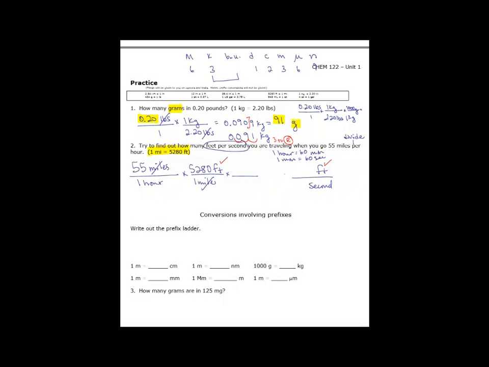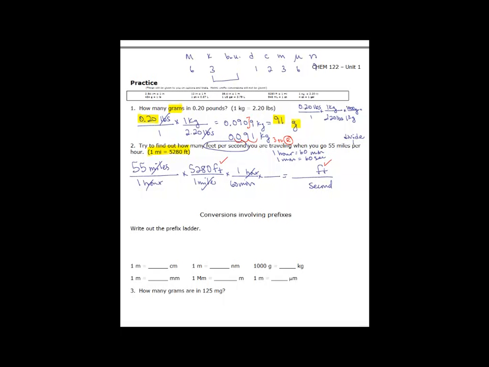So I can use those conversion factors to convert my hours to seconds. But how do I get the hours to cancel off if the hour is already in the bottom? Well, I need to have the hour in the top here. So 1 hour equals 60 minutes. That cancels.